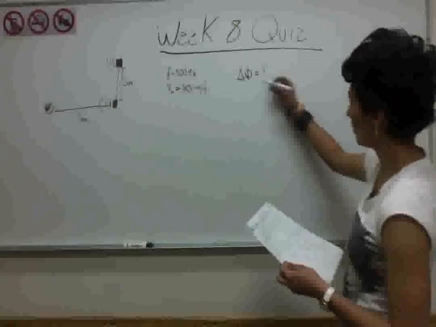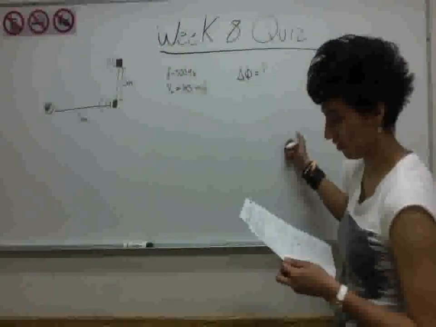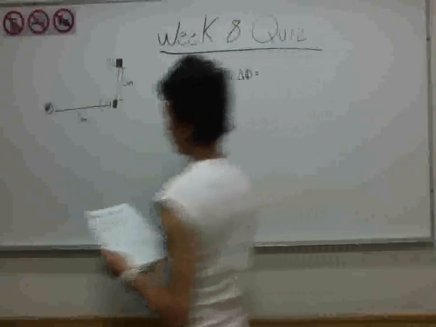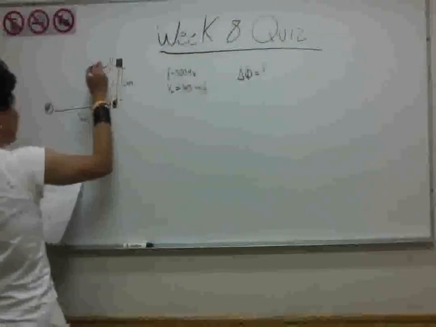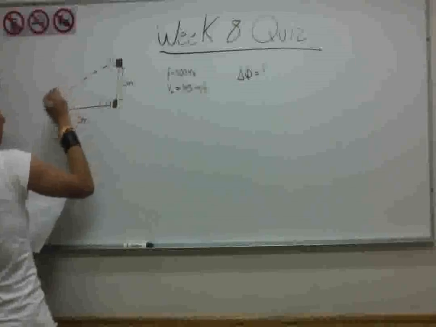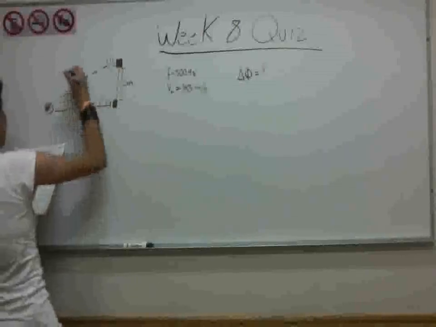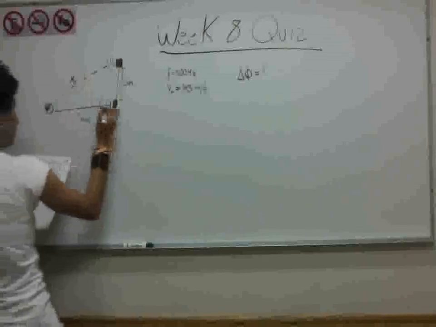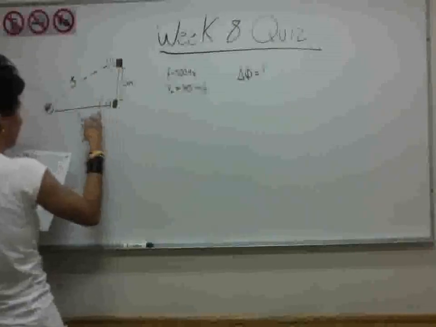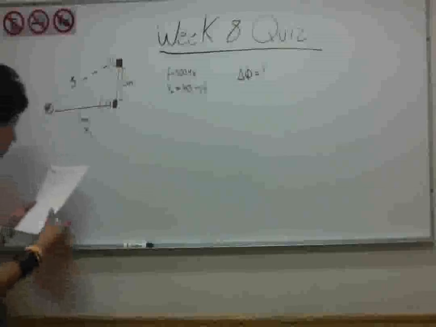So for the first one, for the phase difference, we first have to take this, that is the other speaker, to the kid, like the X2, and this one like the X1, that is the direction of the other speaker to the man.